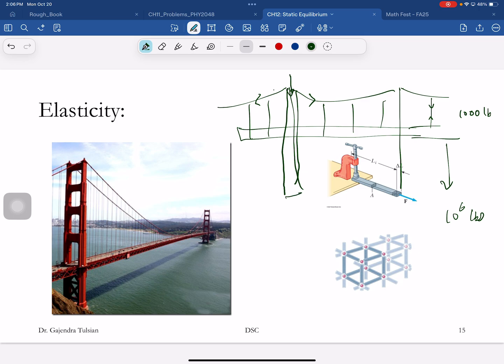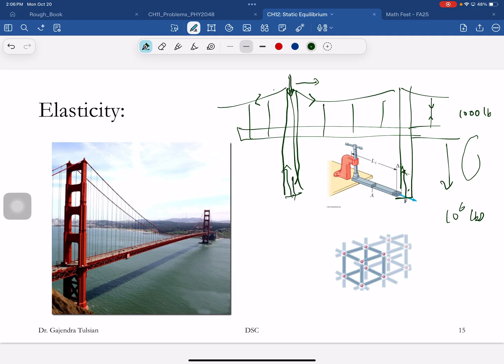Anybody can guess what that is? What is that compressive force? Okay, so you're lifting up 1,000,000 pounds, so eventually these forces have to be 500,000 and 500,000 pounds. So this compressive force is 500,000 pounds.